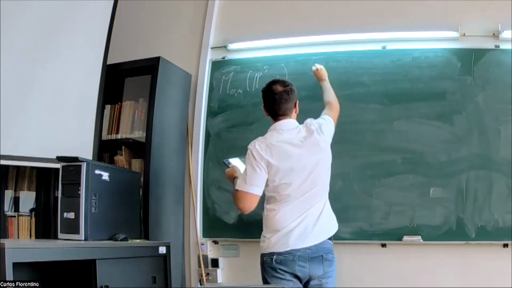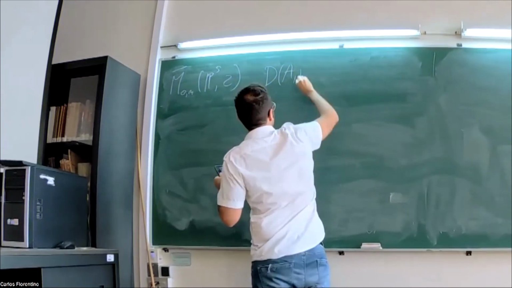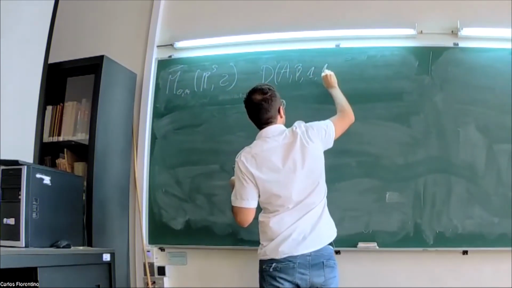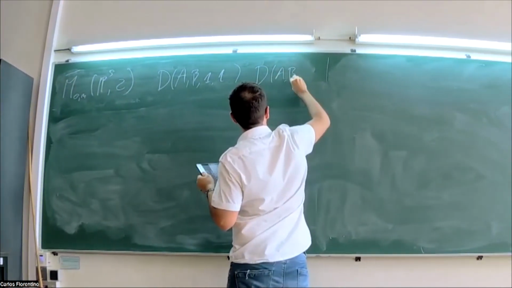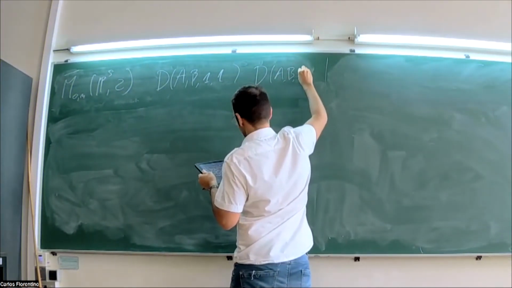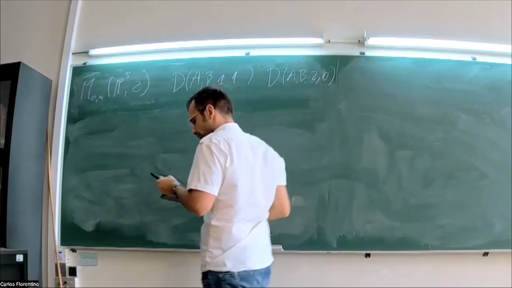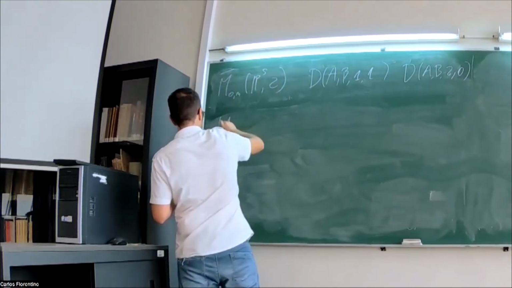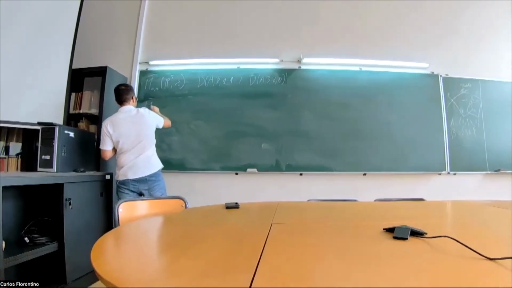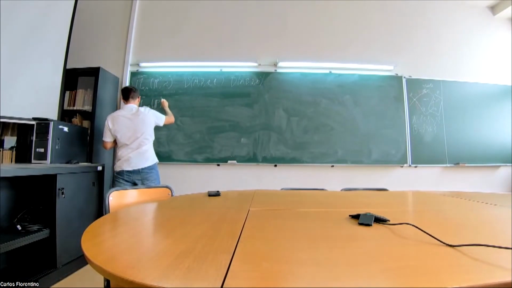Okay, so I have 2 types of boundary divisors: A, B, 1, 1, or A, B, 2, 0. Consider M bar 0, 0, 2.